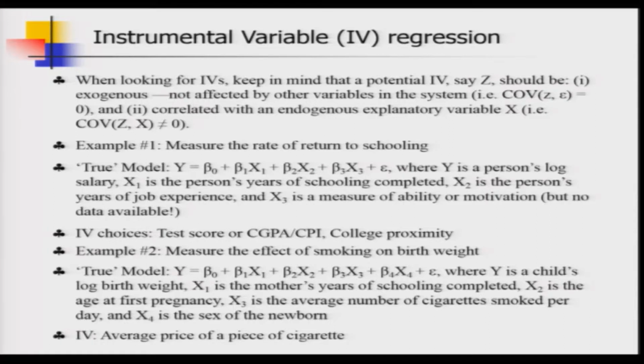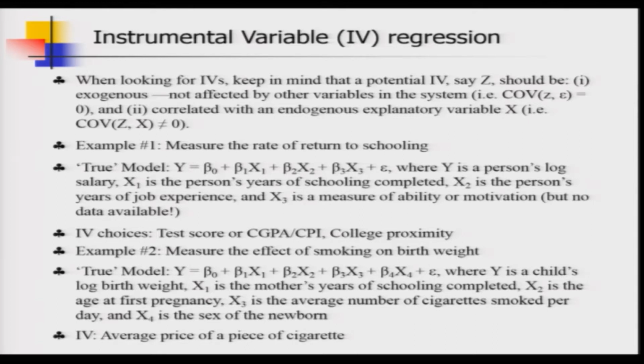So, that is what we are going to see first, and then I am going to talk about two examples. The first bullet point in this slide is talking about two conditions that the instrumental variable, say z, should fulfill to be used in linear regression analysis. First, it must be exogenous. So, it should not be affected by any other variable in the regression equation system.